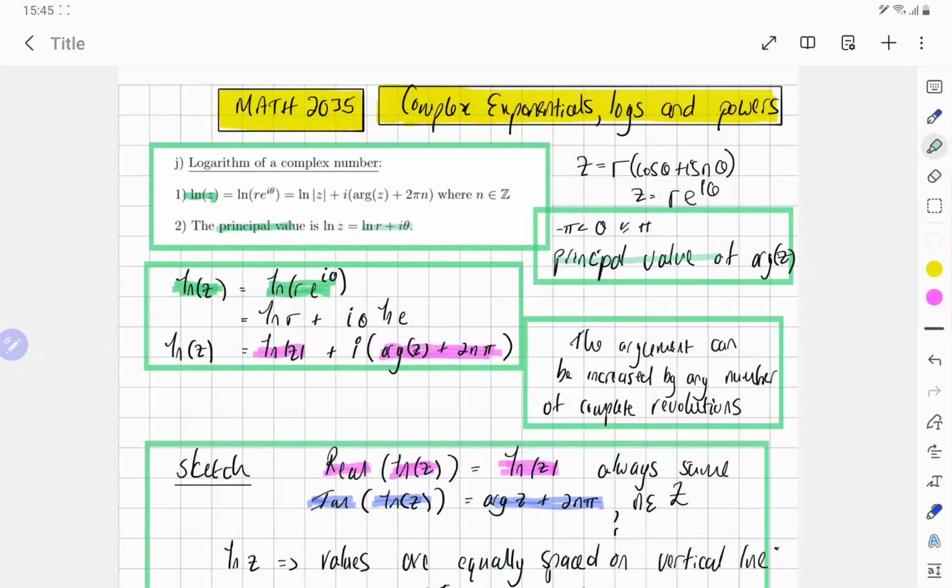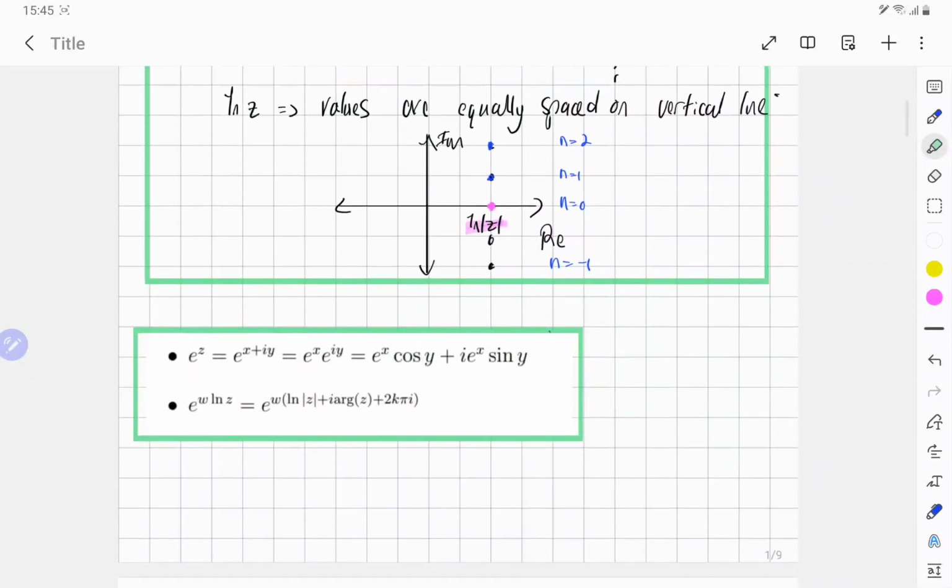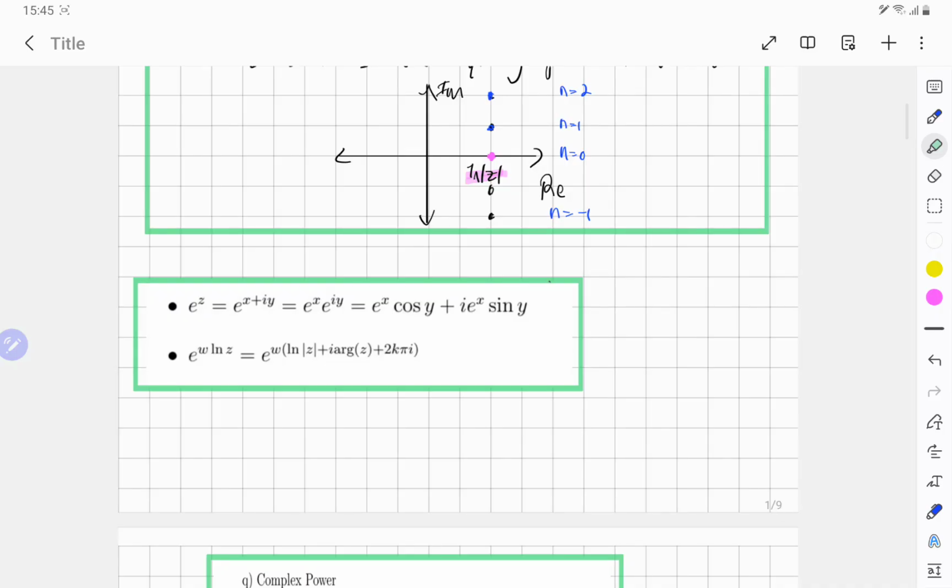Recall that the principal value of the argument of z is between -pi not included and pi included.